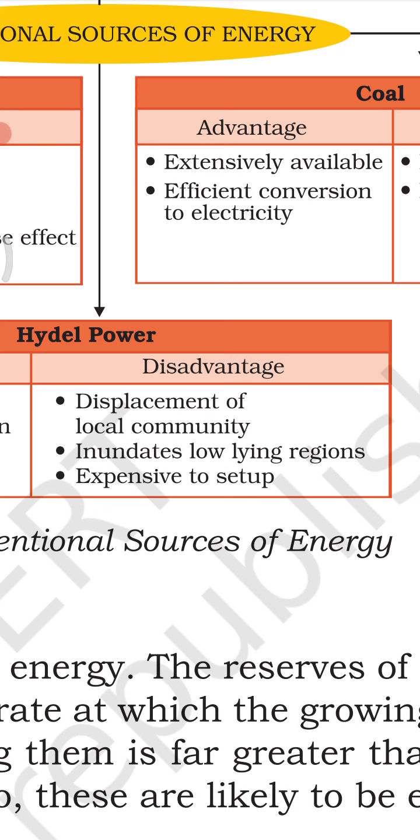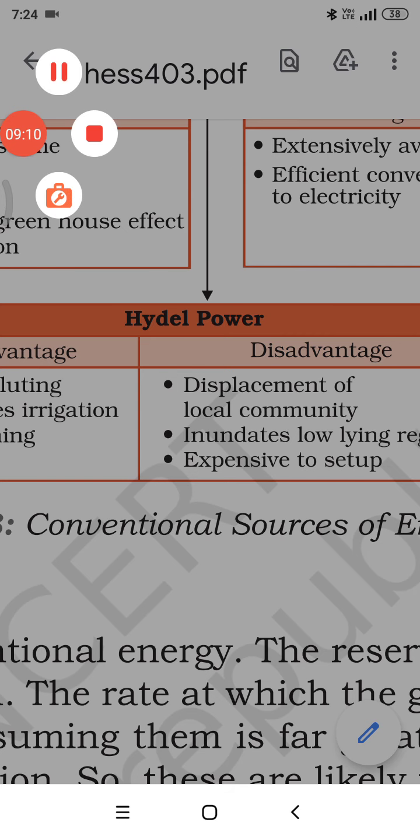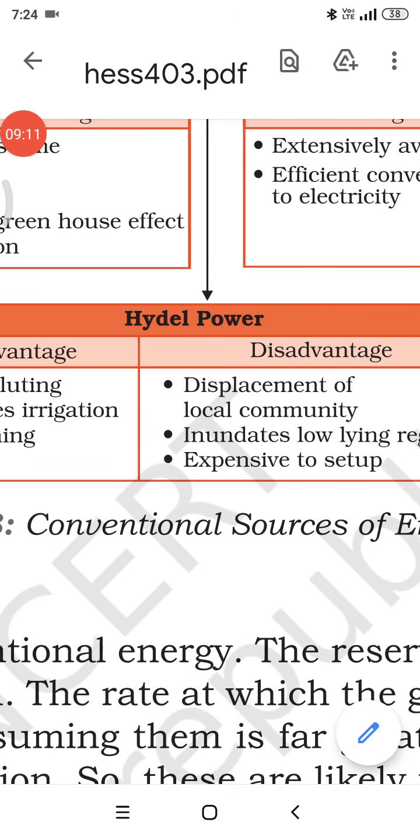Then expensive to set up. If you see the dams, these are huge structures, and it is expensive to set up such huge structures. So these are some of the disadvantages of these resources.